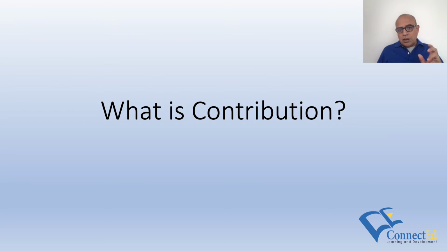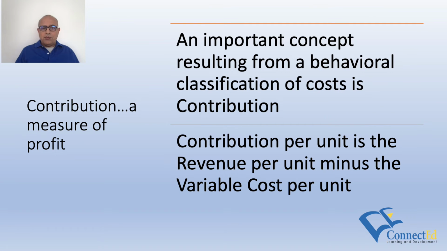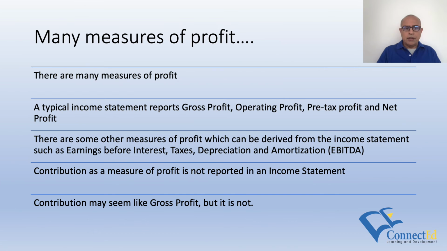So we are now going to get introduced to this measure of profit called contribution, which is built on the idea of variable and fixed costs. So revenue per unit minus variable cost per unit. Now we are making it very operational. From a concept, we are now going into a measurement, and so we are now getting to the idea of what is a contribution per unit.